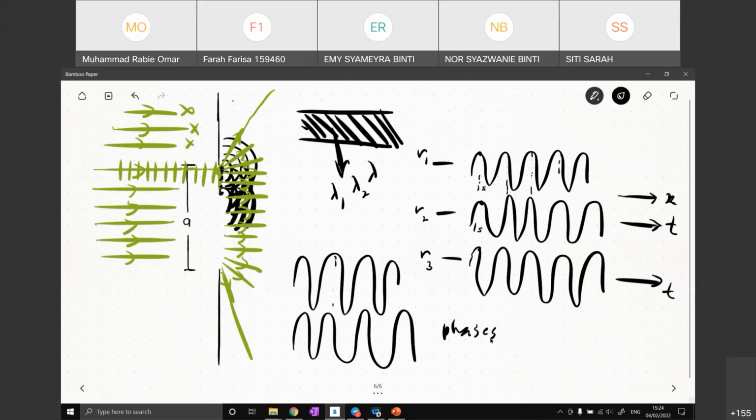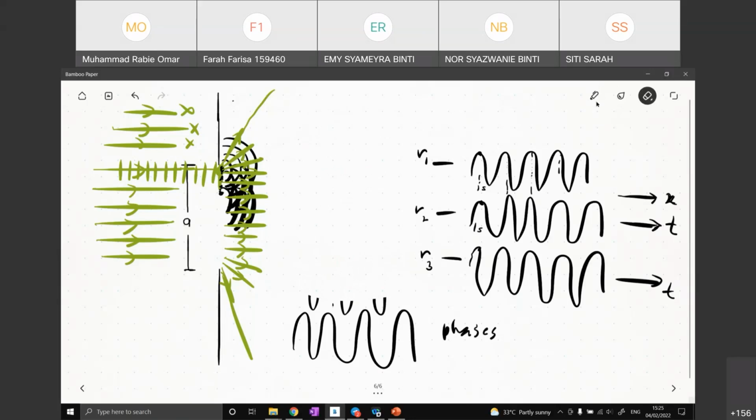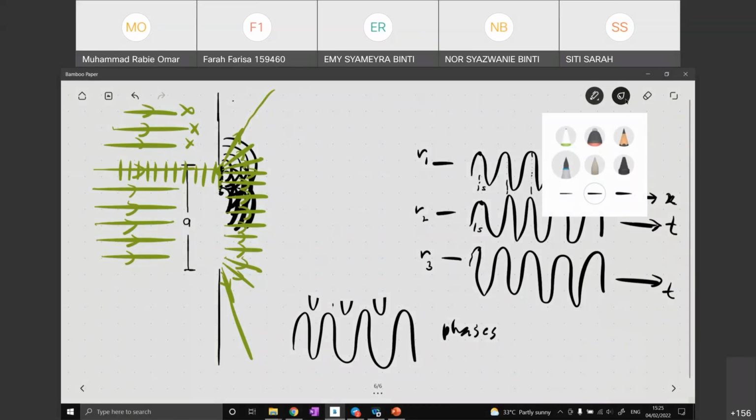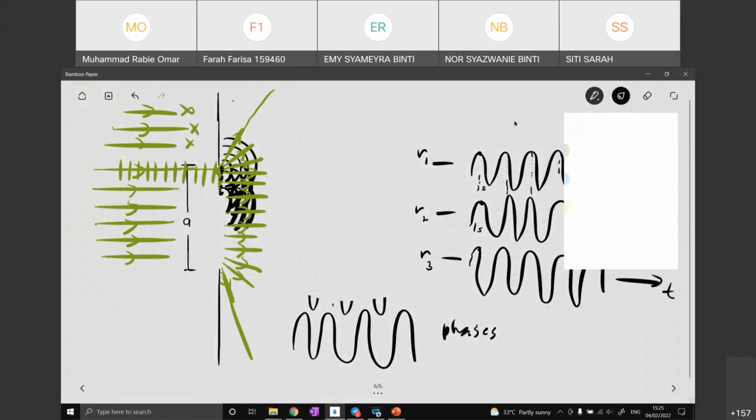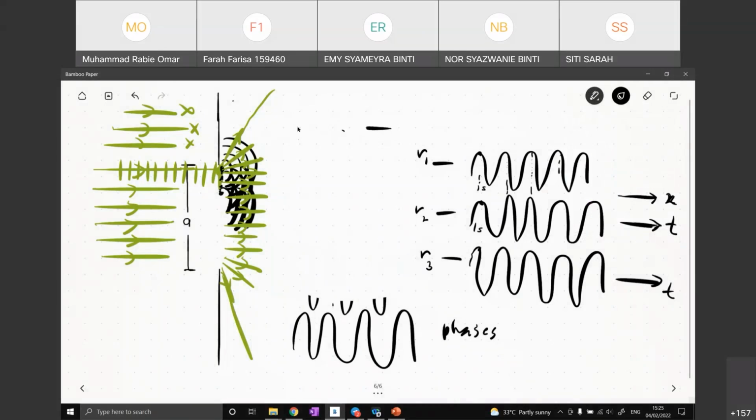But whenever I mention coherent light, all light rays, again I repeat, let's say this is your coherent source. Okay, let's say this is your coherent light beam. Maybe this is coming from your laser pointer. So this is your laser window. This is your laser pointer.